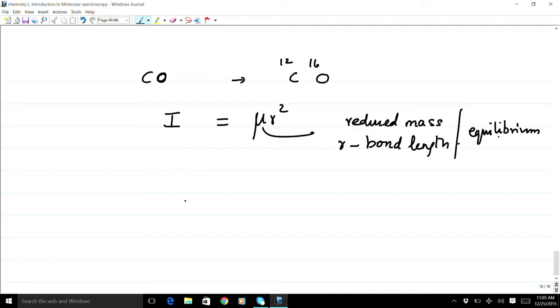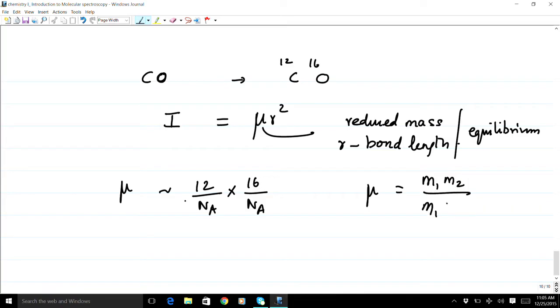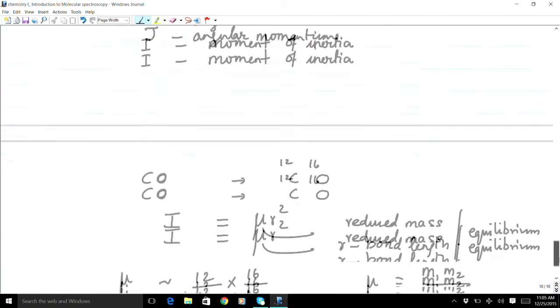Equilibrium, if you do that, then approximate masses for carbon monoxide, if you have to calculate, you do this by 12 grams divided by the Avogadro number, which is the atomic mass, and 16 oxygen mass divided by the Avogadro number. Please remember, reduced mass is m1 m2 by m1 plus m2, where m1 and m2 are the two masses that you have.